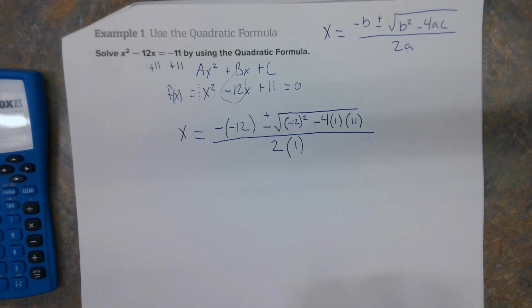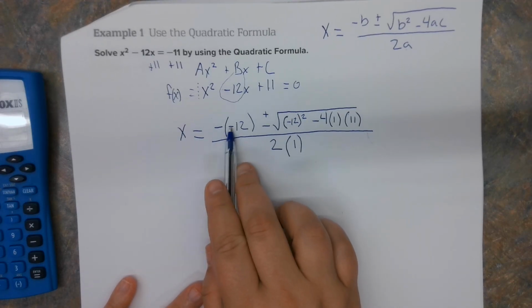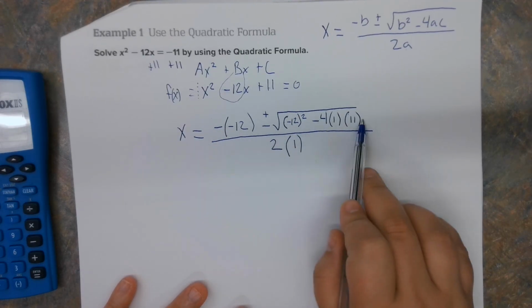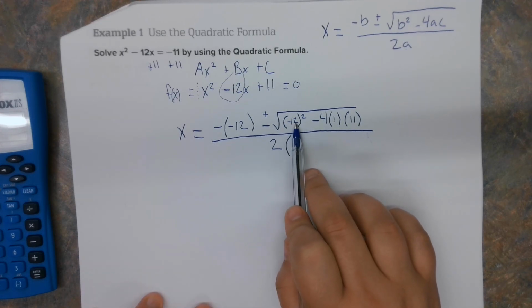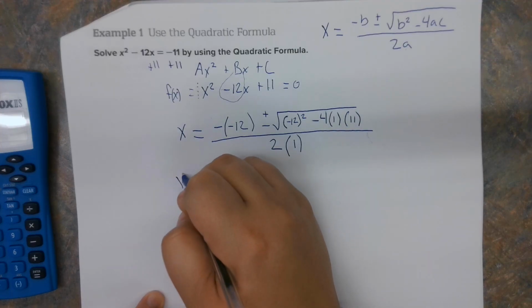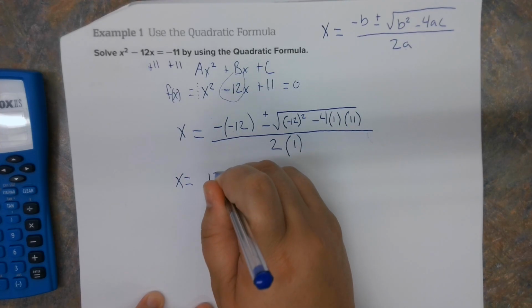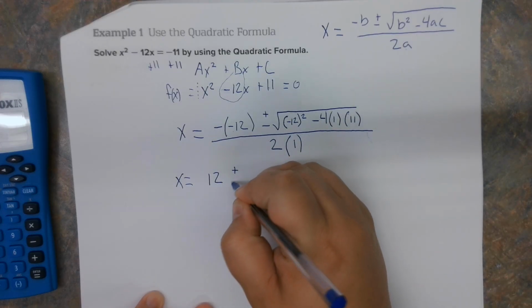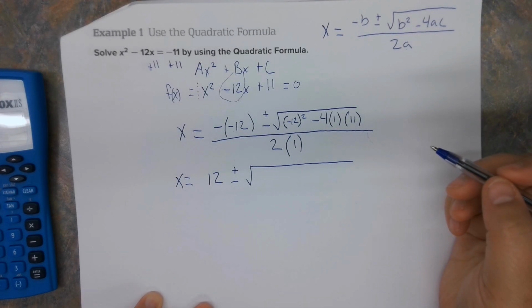Let's simplify what we can. What we can start simplifying is just all the multiplication that we have to do. I can correct those signs, I can multiply these, I can even do the exponent on this one. So x equals negative negative, which makes this a positive 12, plus or minus, and I'm going to keep my square root sign for now.